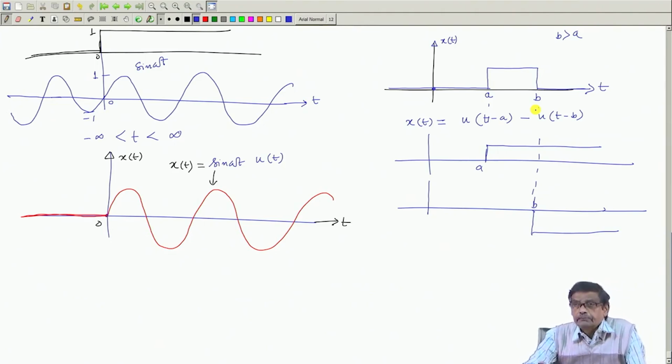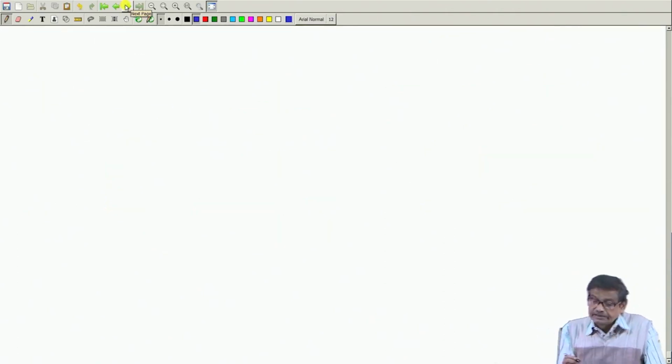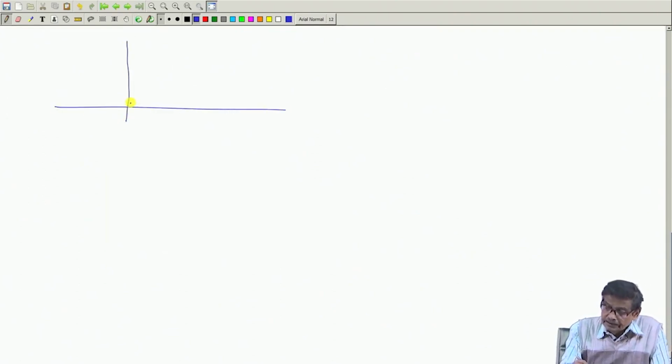So, many functions can be represented in terms of, say, unit step function or ramp functions, things like that. For example, I will give you another interesting example. Suppose I say that a function is like this, a triangular pulse.